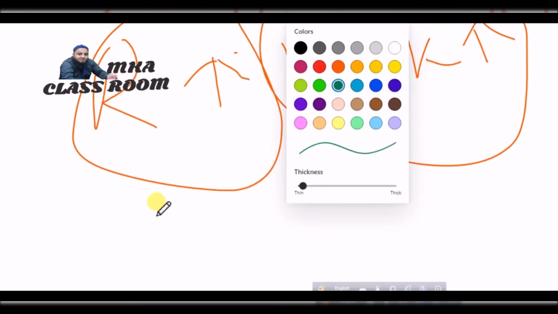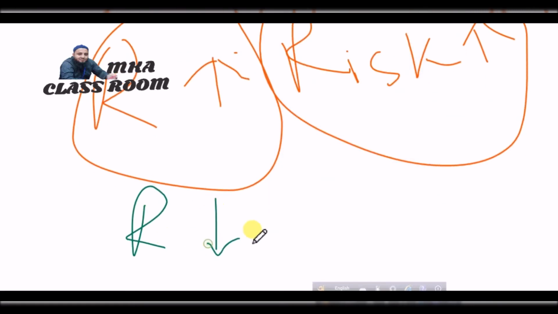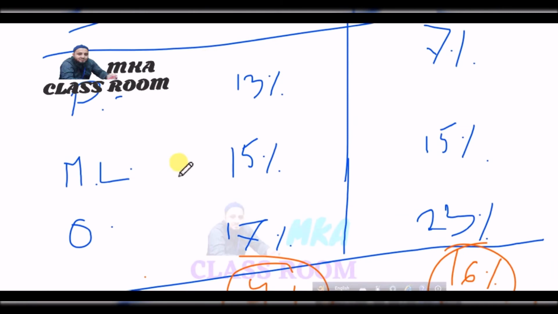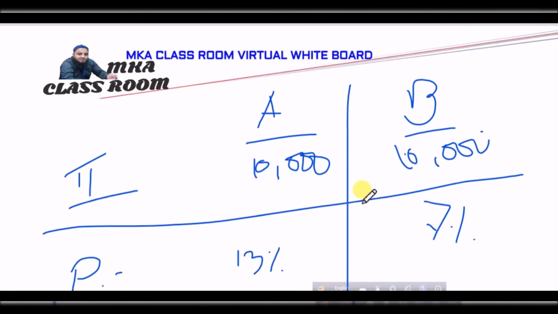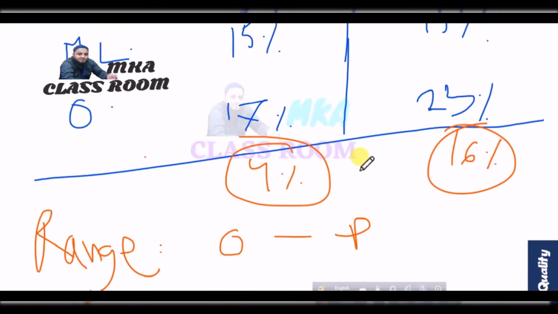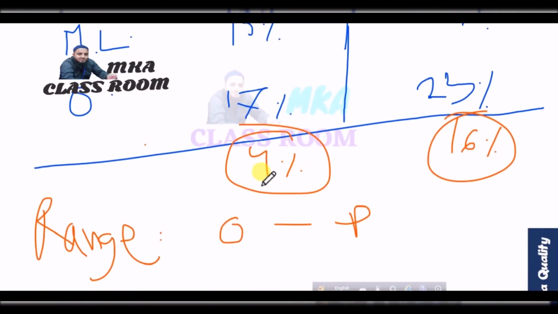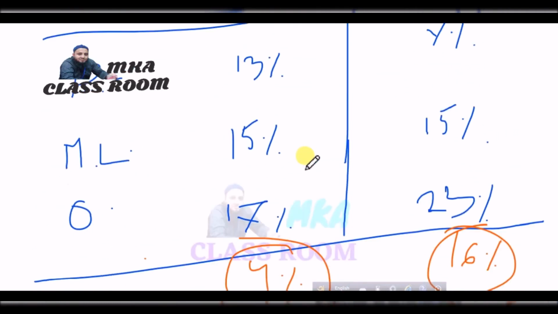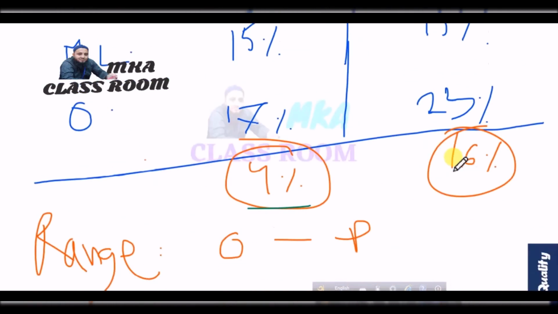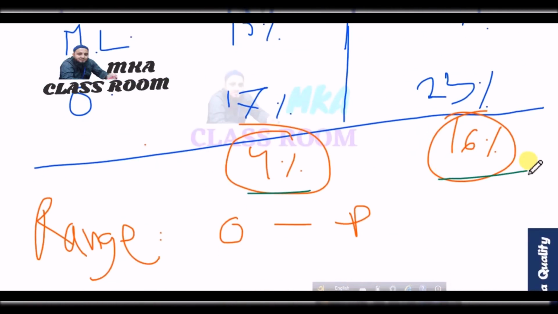If the range is low, risk is low. So from our investments, we have to find out which one is better. It is clear that asset A has a range of 4%, whereas asset B has a 16% range.